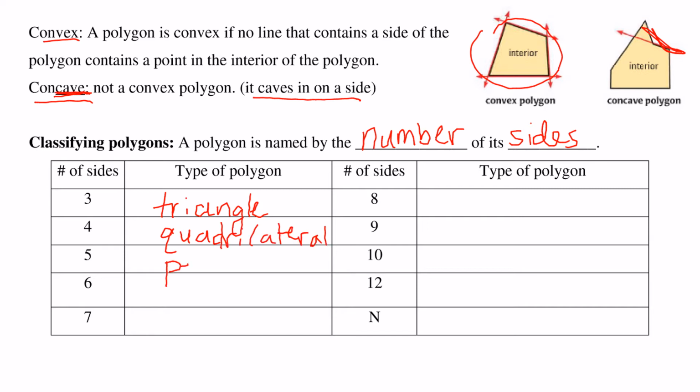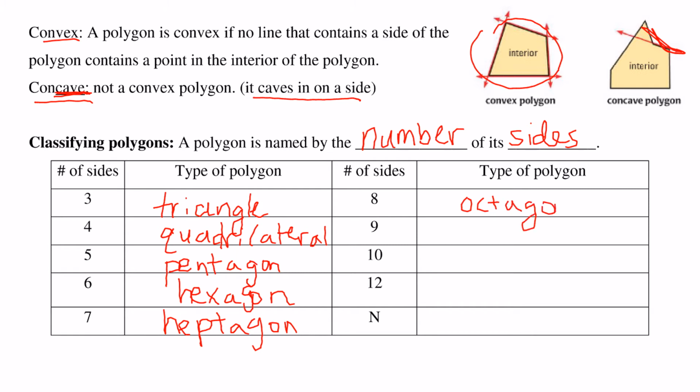So think of the Pentagon building. Has 5 sides and is shaped in a pentagon. 6 is a hexagon. 7 is a heptagon, so almost like hexagon, so heptagon. 8, you should know that one, that's your octagon.